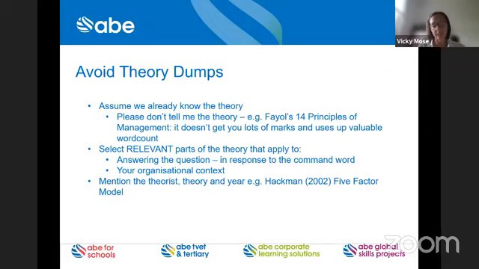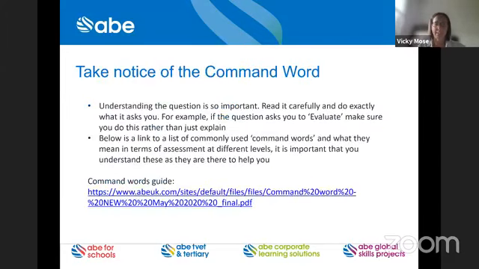Okay, so again, I can't emphasize enough the importance of you reading and understanding the command word at the beginning of the question, and often within the question. I think I've said enough about command words throughout the presentation. There is a link there, and these slides will be shared, but you can find this link on our website, and the command words document is on the portal as well.